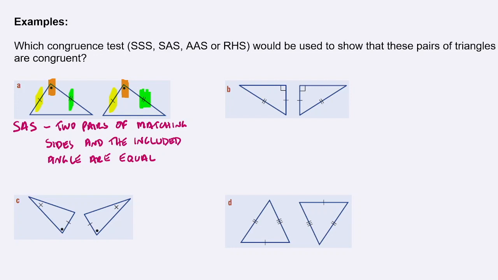Now let's look at B. In B, we have ourselves a right angle. We've got the right angle, we've got the hypotenuse, and we've got a pair of matching sides. So for this one, we're going to use RHS.